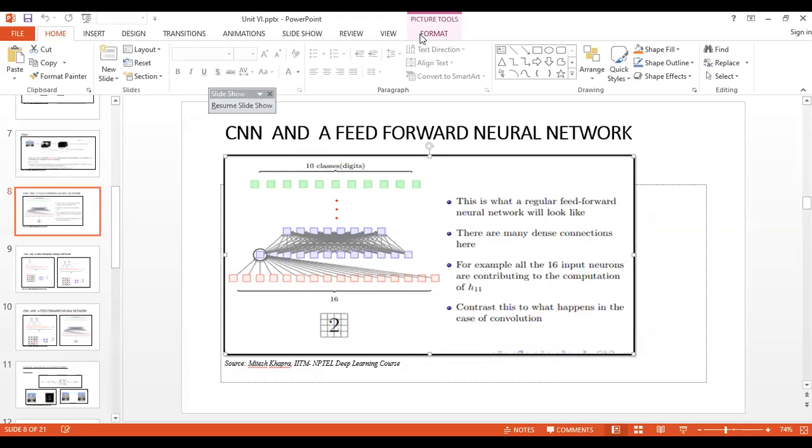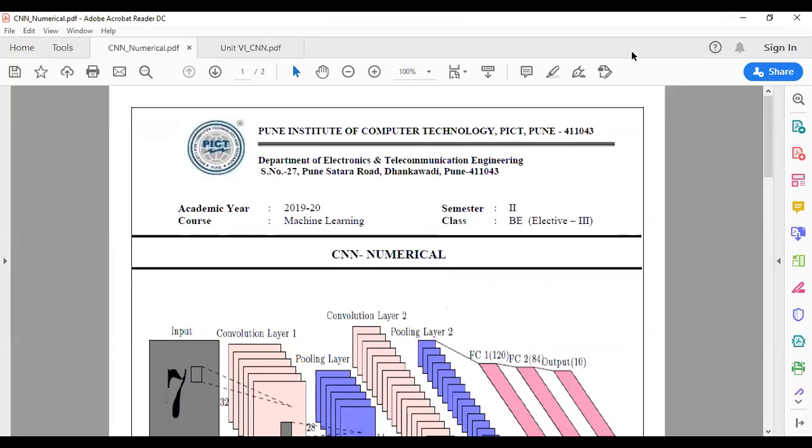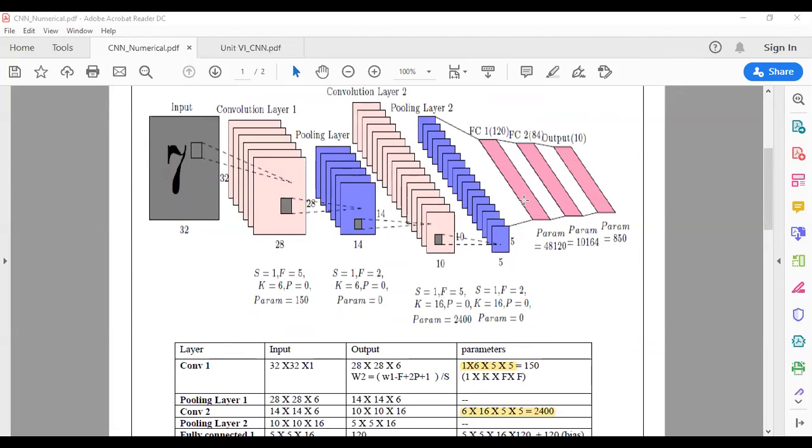Similarly, in a fully connected network, what was this dimension? 5 into 5 into 16. These many neurons are connected to 120.